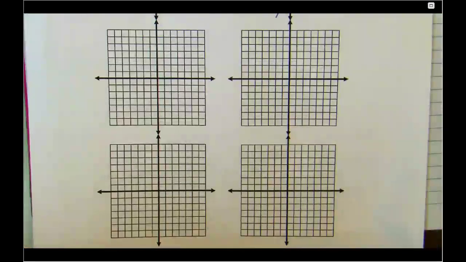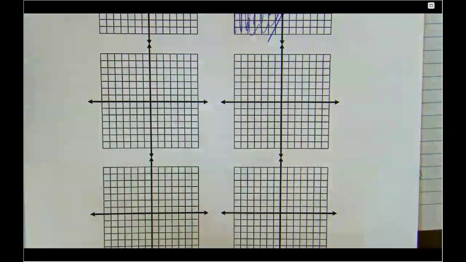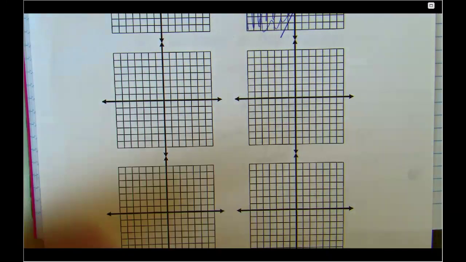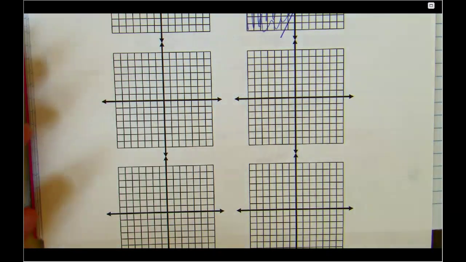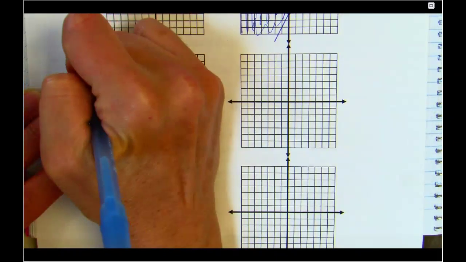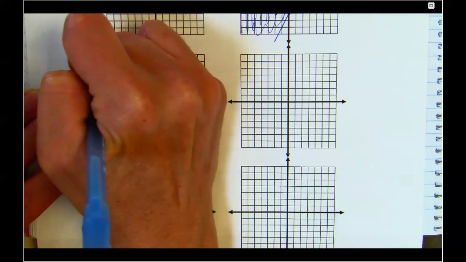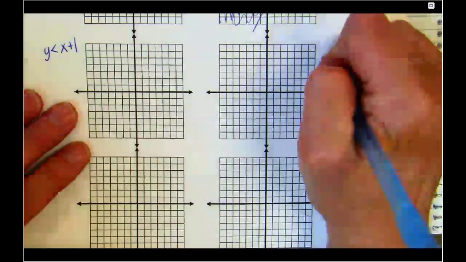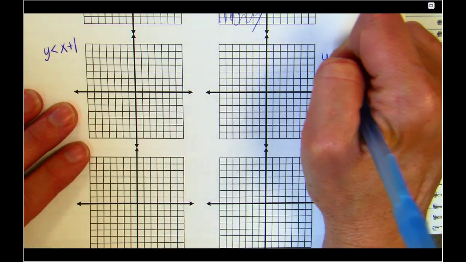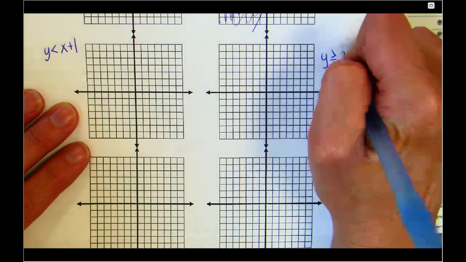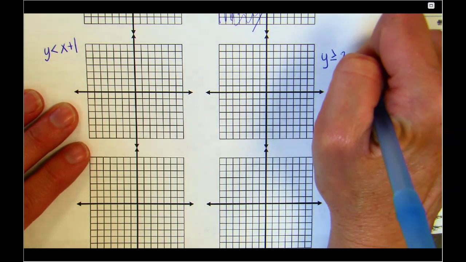Okay, now here's what I want to do. This will end us out if it's not already done. I'm going to put 4 here, and I would like you to do all 4 of those. You need to come in with them done on Friday. Okay, so this first one is going to be y is less than x plus 1. This guy I want to be y is greater than or equal to 2 minus 3x.